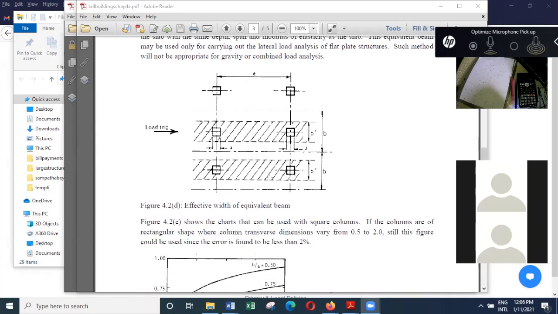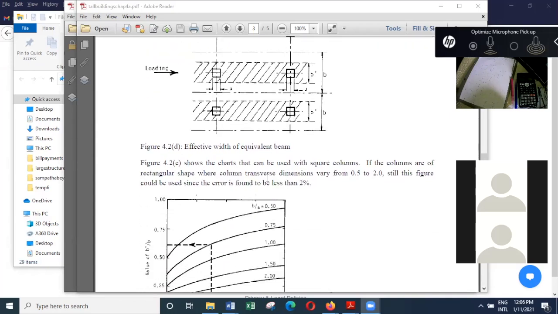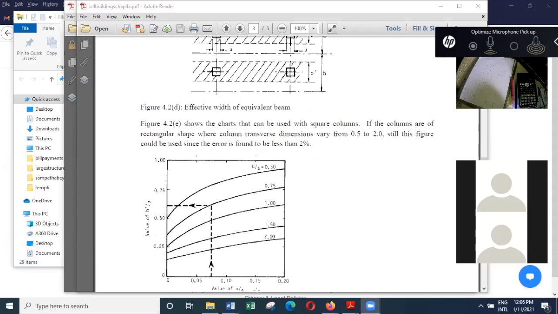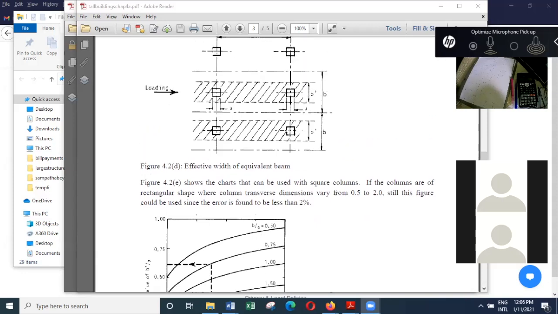And how do you find that is by considering these ratios. The u/a ratio, where u is the size of the column and a is the distance between center lines.